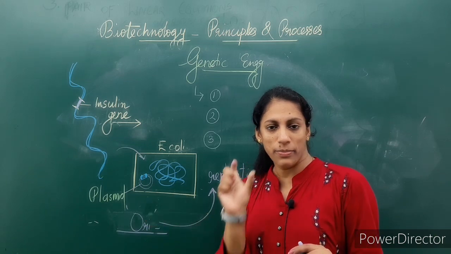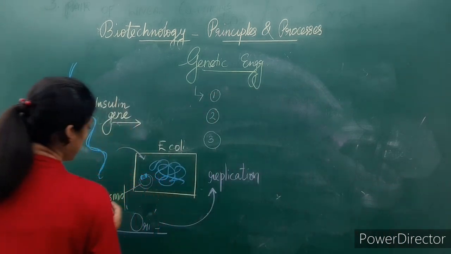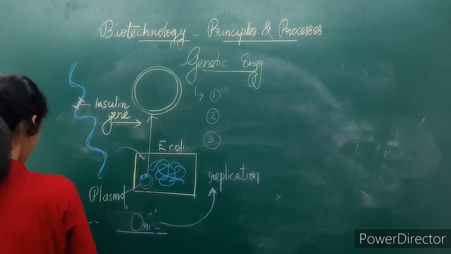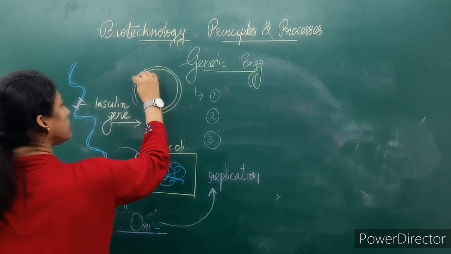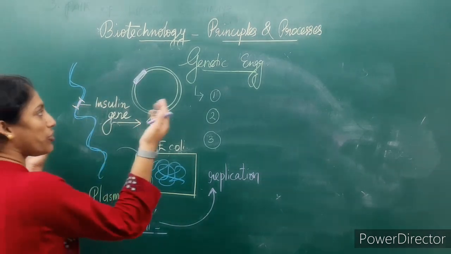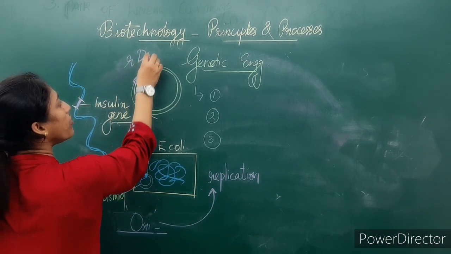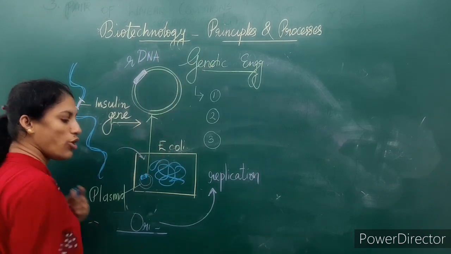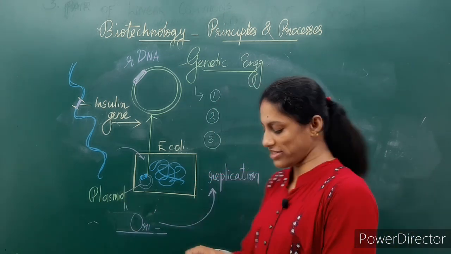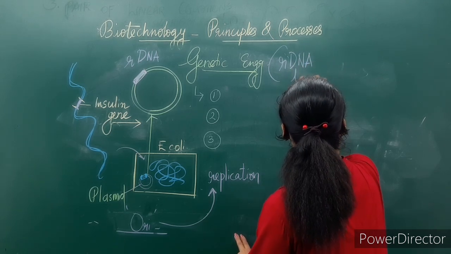The plasmid has recombined with the insulin gene. So if a plasmid is recombined with the insulin gene or any DNA segment, we call it a recombinant DNA. Genetic engineering is also known as recombinant DNA technology, rDNA technology.